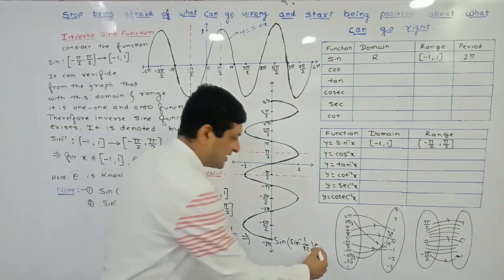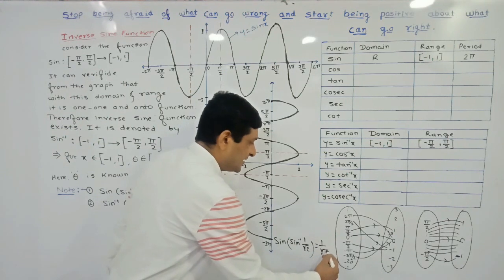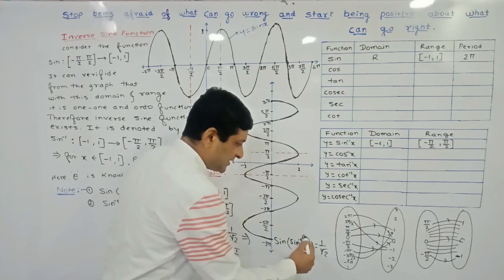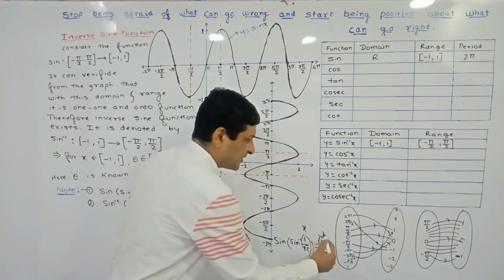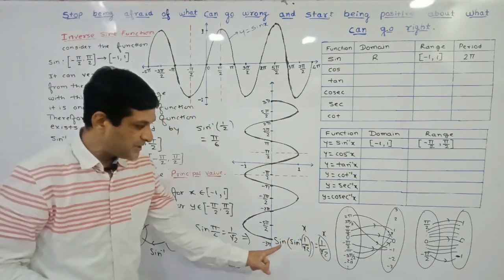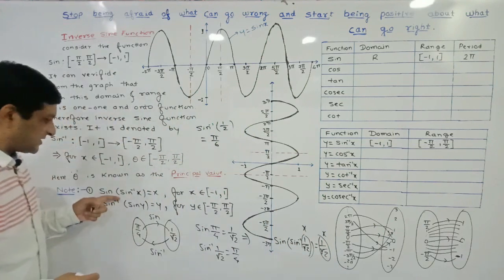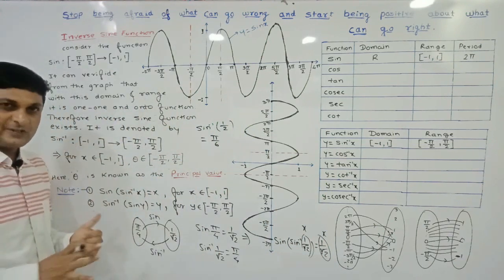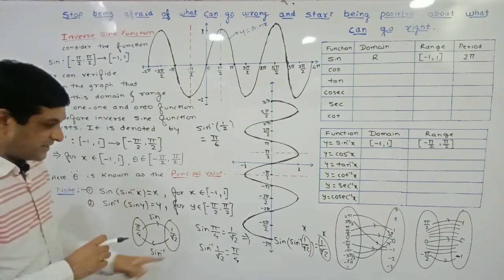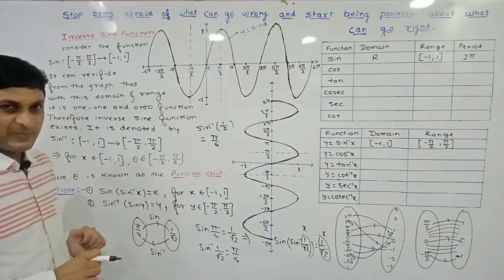Keep the right hand side 1 by root 2 as it is. If I denote this number by x, this number also becomes x. What result have we got here? Sine of sine inverse of x will be equal to x. This property we are trying to understand with the help of this simple example.